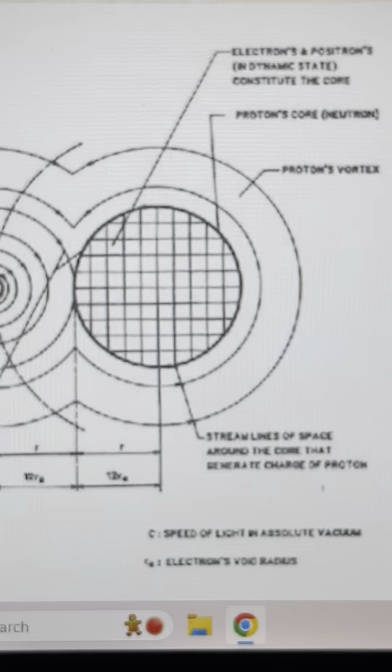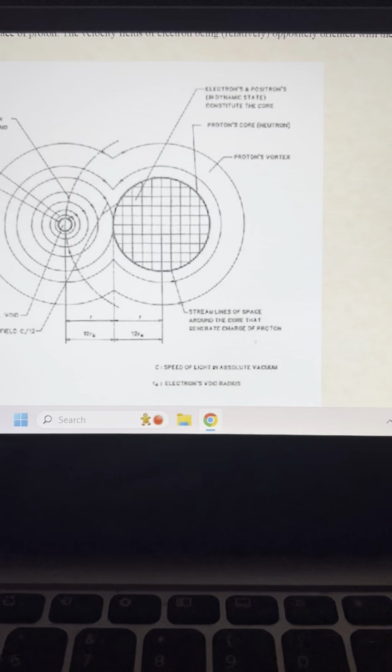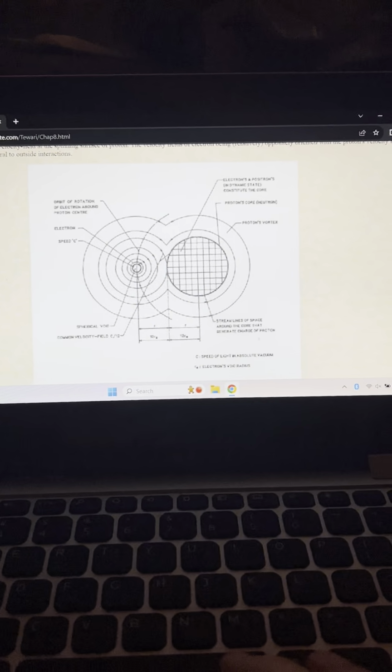Electron speed c, spherical void, common velocity field, speed of light in absolute vacuum, electron's void radius. Very interesting. This is very interesting.